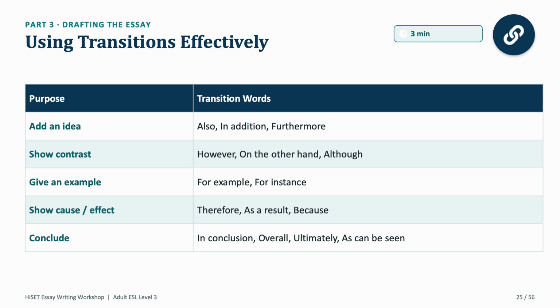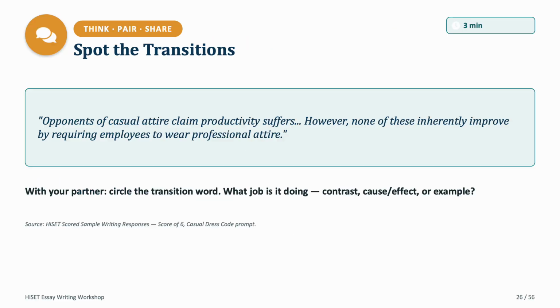When you go to end your essay, you can use in conclusion, overall, ultimately, or as can be seen. Okay, you don't need to use a transition in every sentence, but you should use transitions to show how your ideas are connected.